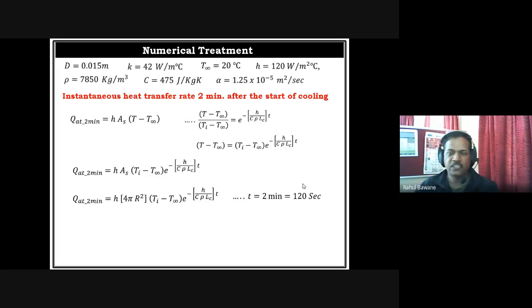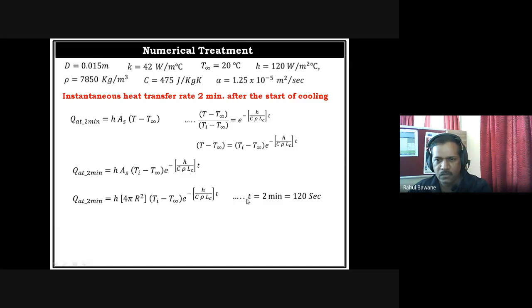Remember, when that sphere is at a high temperature of 550 degrees centigrade, as soon as we dip it into a cooling surrounding, at the beginning there will be a high rate of heat transfer, and as it loses its heat, its temperature will fall, and accordingly the rate of heat transfer also decreases. So exactly after 2 minutes we have to find out what the rate of heat transfer is.